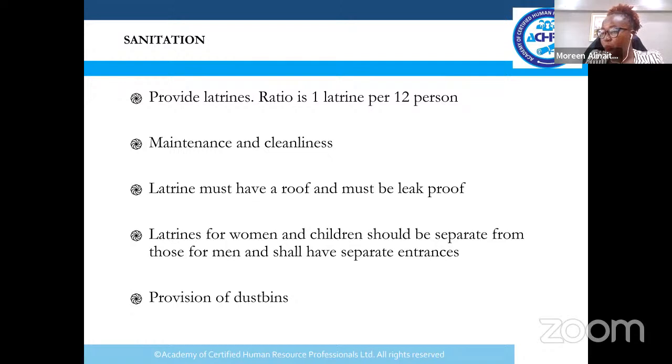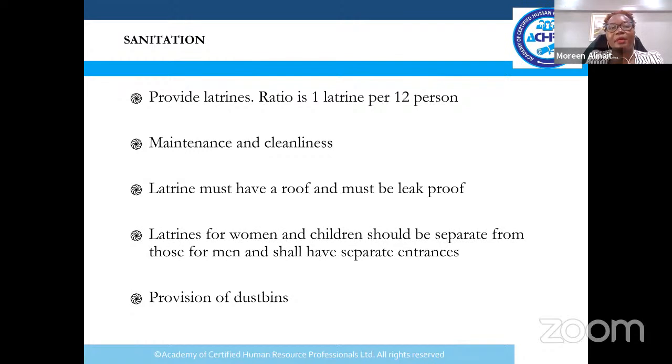For example, this is practical in a setting where maybe you have 100 employees and you're giving them housing. In their housing facility, you must give them provision for latrines at the ratio of 1 latrine per 12 persons. And the latrines must be clean.